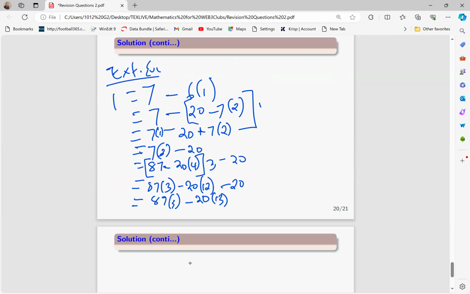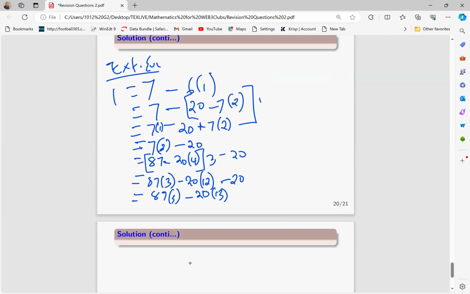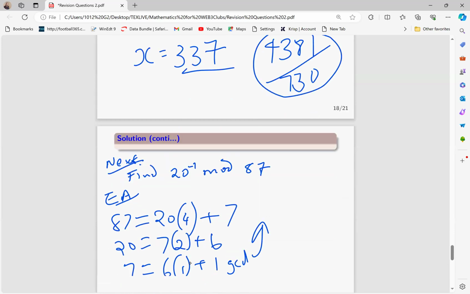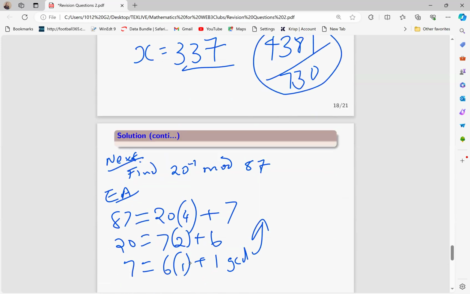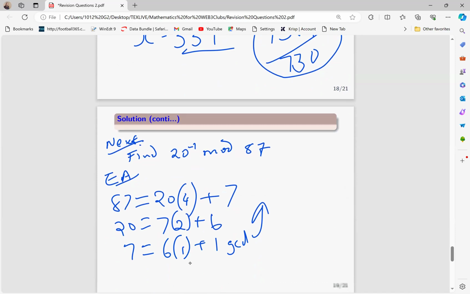Negative 13, right? And then we need to make that positive. So that would be mod 87. So it's 87 minus 13, right? Yeah, 74.